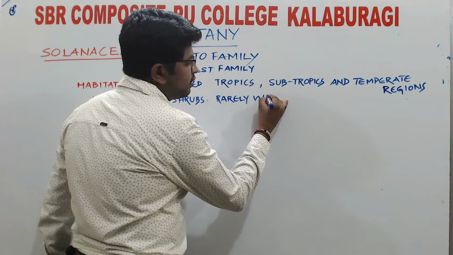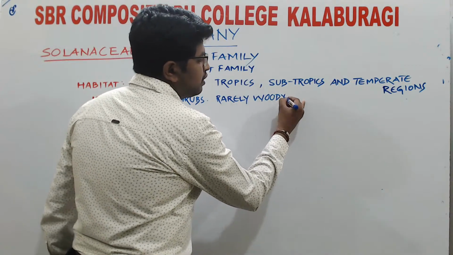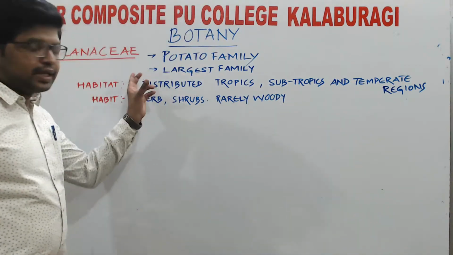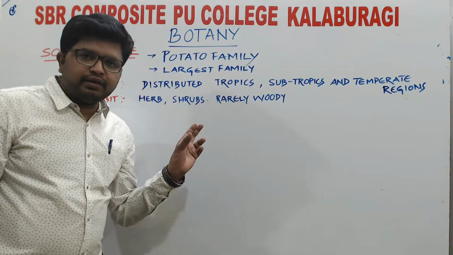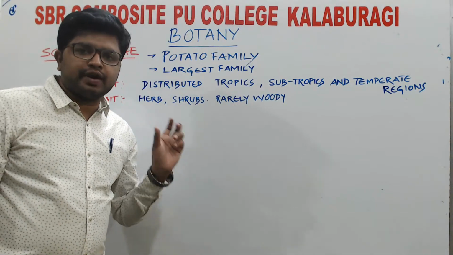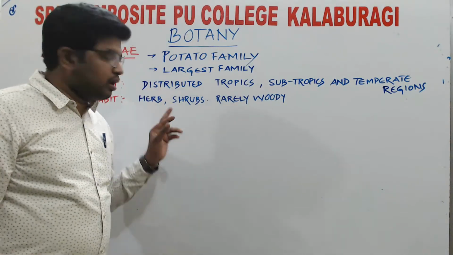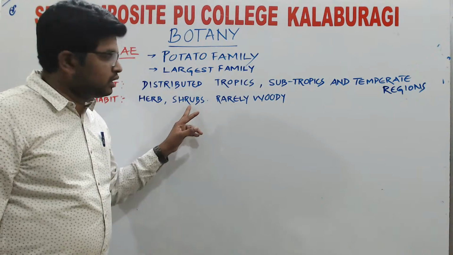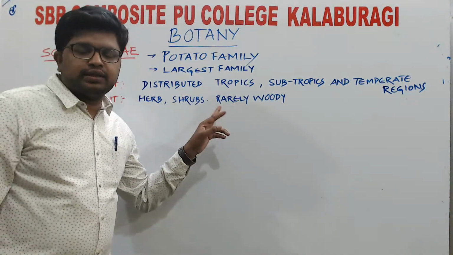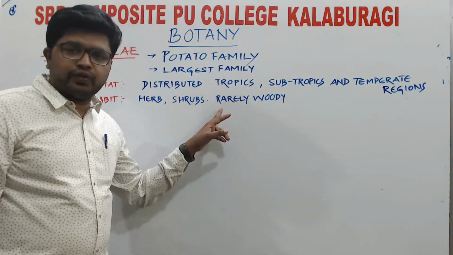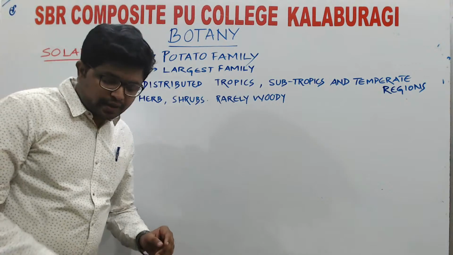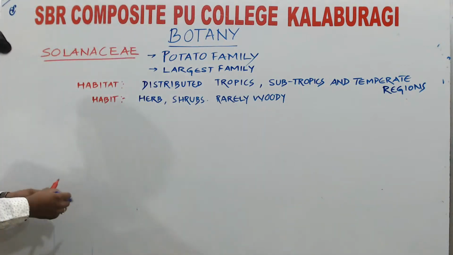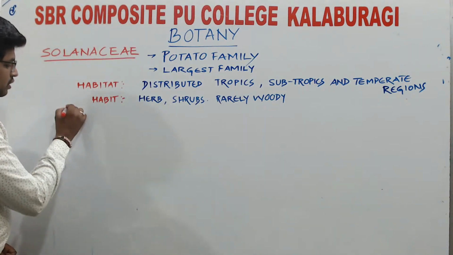The members of the Solanaceae family, most of them are herbs and shrubs, and you will not see, or even if you see, there are very few woody plants. Next, vegetative characters.